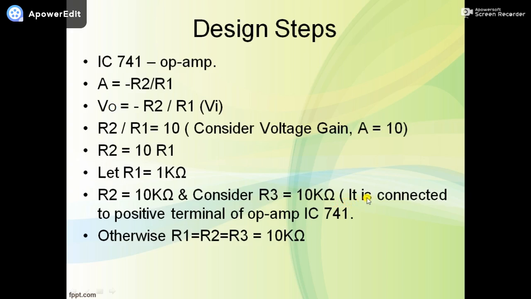Just connect it to the positive terminal of the 741 op-amp. One end is connected to the positive terminal of op-amp, and another end of R3 is grounded. Okay. So this is the first part of the design.